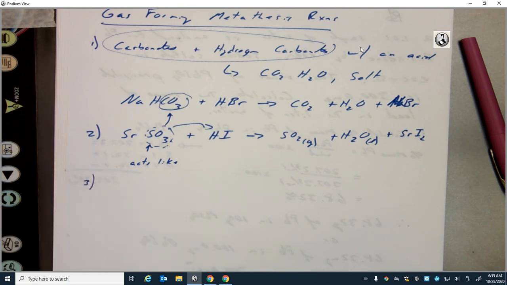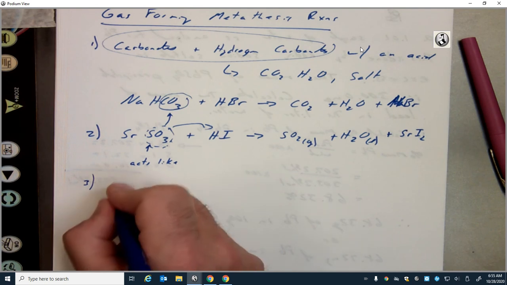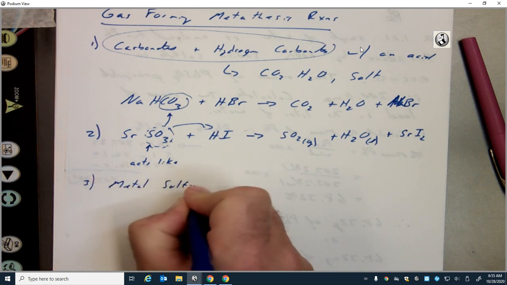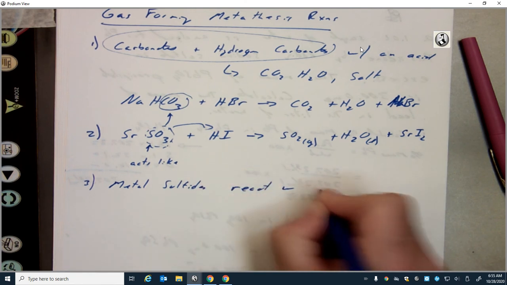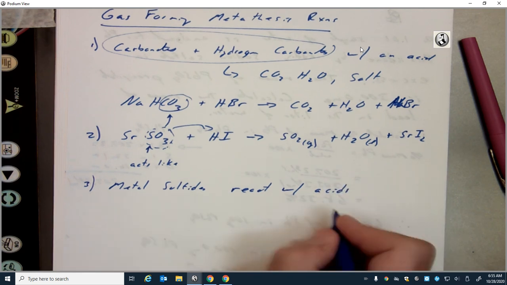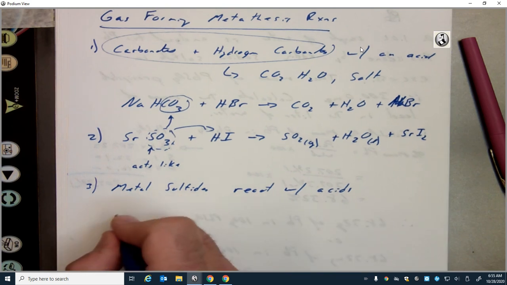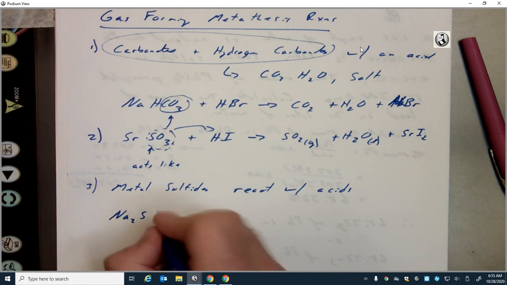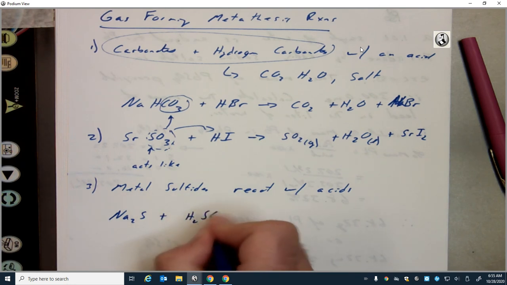The third one you should be careful with that produces gases is when metal sulfides react with acids. Okay, so by a metal sulfide, we're talking about something like Na2S. I'm going to react it with an acid, say sulfuric acid.